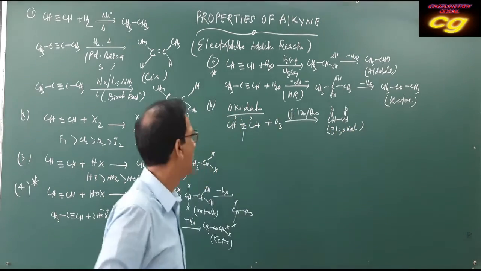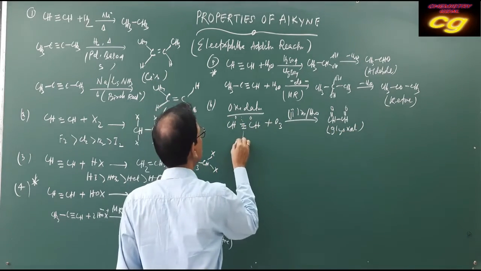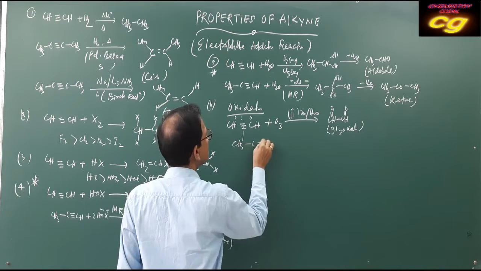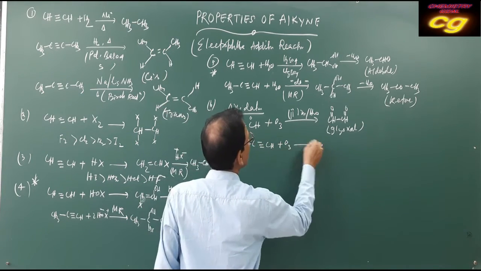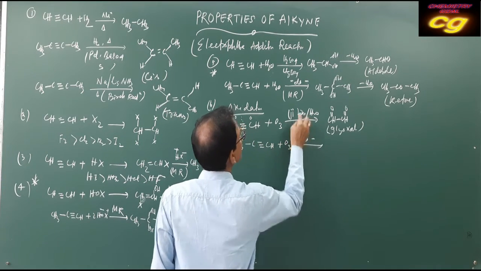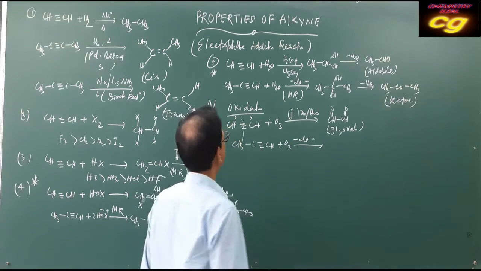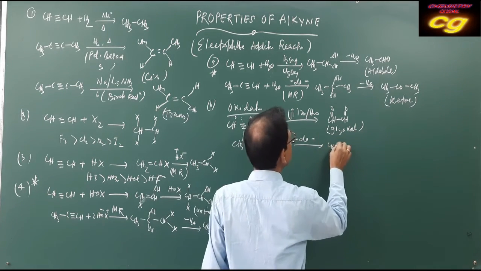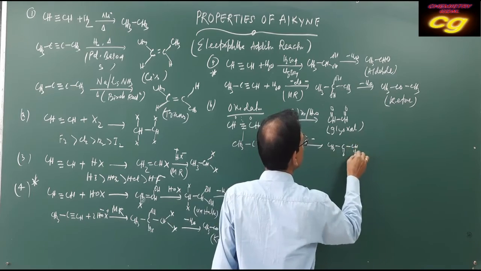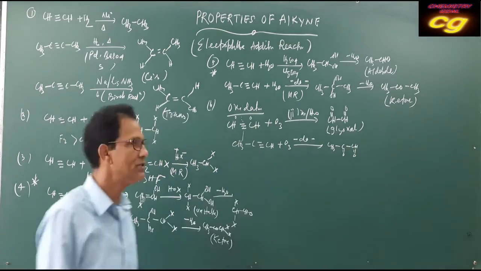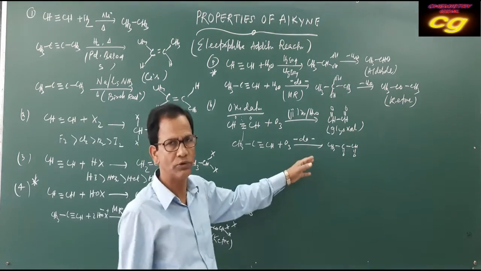Then this is the glycol. Glycol is produced. But if it is a triple bond with a larger group, do the same, zinc and water, the result will be CH3, C double bond O, CH double bond O. This is aldehyde and ketone.